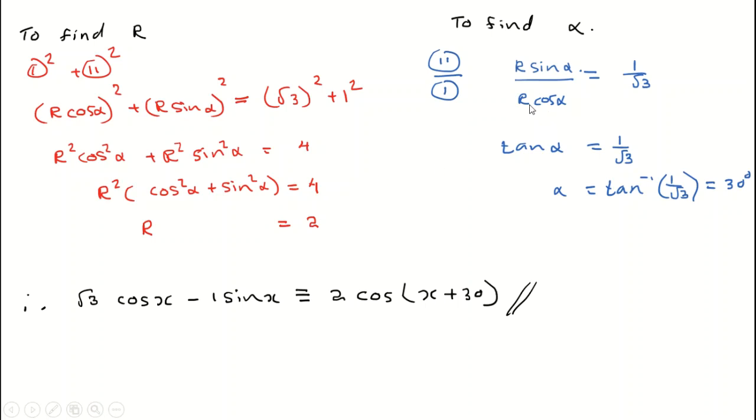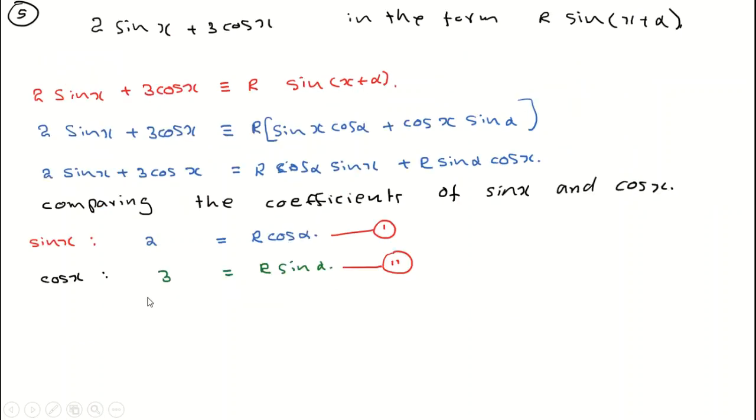To find tan alpha, r sin alpha over r cos alpha is equal to 1 over root 3. Alpha is equal to 30. So you can write root 3 cos x minus sin x is equal to 2 cos x plus 30. Right? Example number 5.